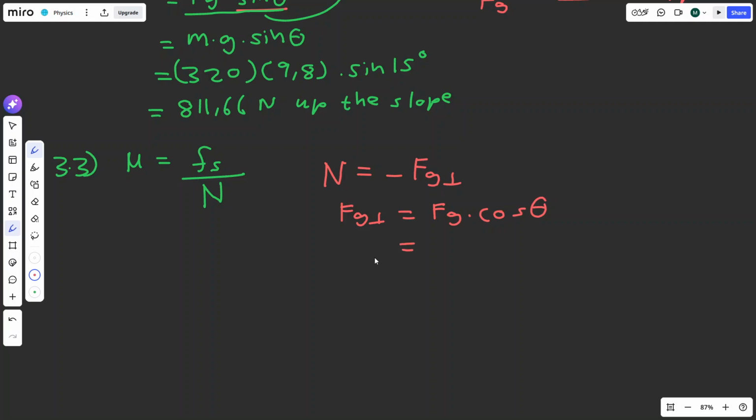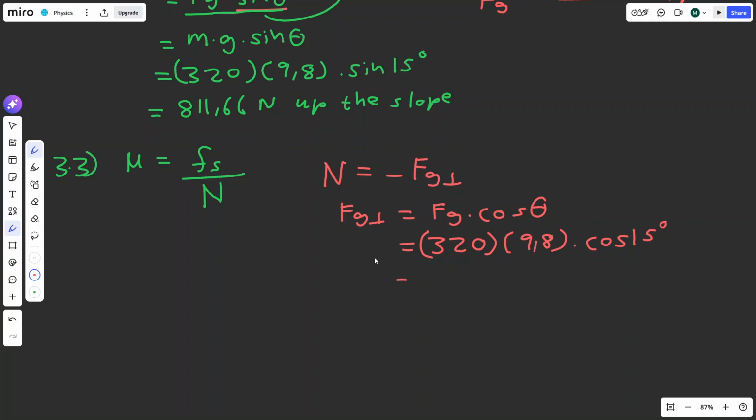So now our answer here, once we plug in the values, is going to be 320 kilograms multiplied by 9.8, which is acceleration due to gravity, multiplied by cos of 15 degrees.